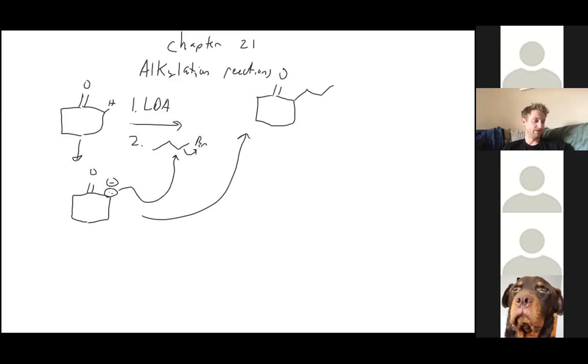Depending on what you have, you can either use large or small base chemistry.